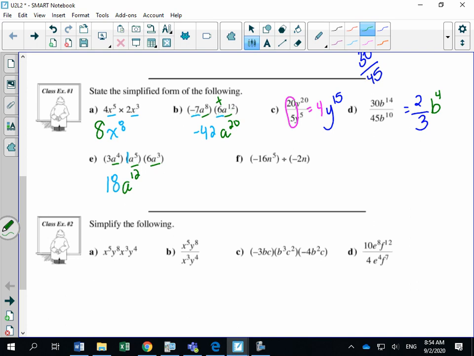For this, I always recommend students write quotients as division with a division bar. So let's rewrite this as negative 16 n to the 5 over negative 2n. So when you're doing exponent laws, always write your division statements using the division bar. I'm going to put my invisible exponent in down here.